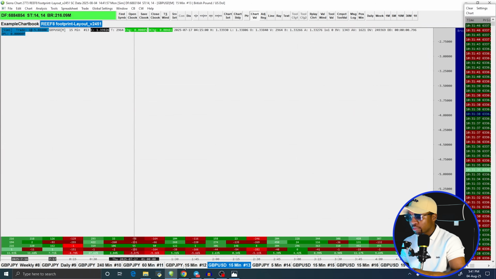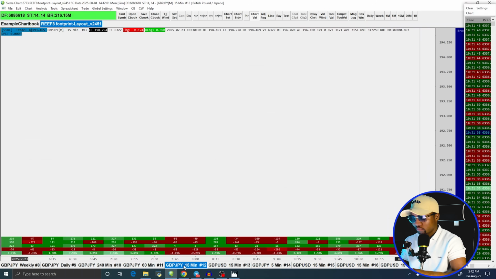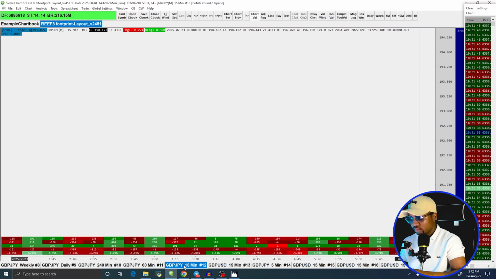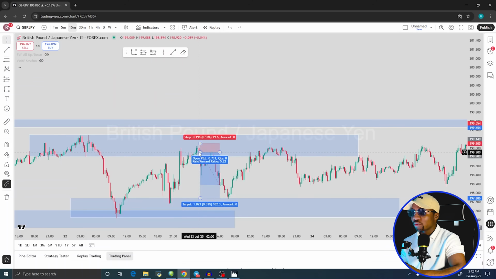So we go to GBPJPY, 2 a.m. Yeah, so you can see that price came and tapped into this point of interest once. It didn't confirm the entry here, and then still you had to wait, and then we got in right here.